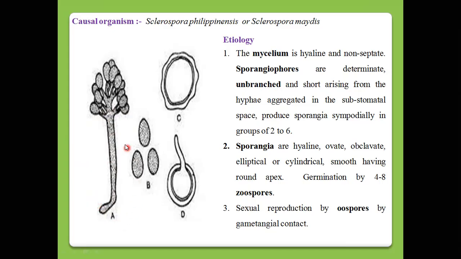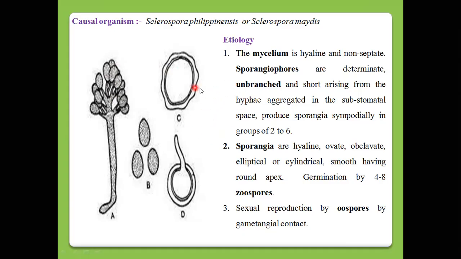Branching is always seen at the top portion. At the tip of the sporangiophore, sporangia are produced. Such sporangia are liberated from the stomata and directly infect healthy plants.